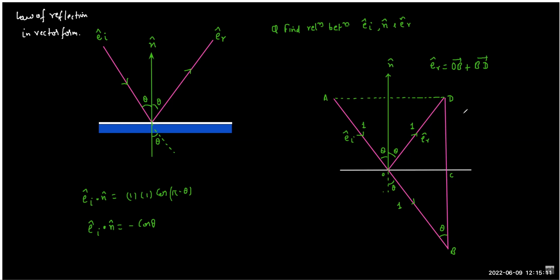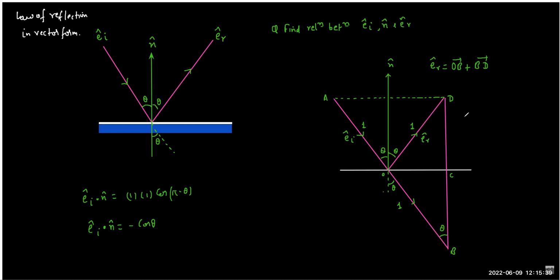Sir, how is OB equal to 1? It's a unit vector, na? So what is the length of a unit vector? 1. So AO is the incident ray, and I'm taking a unit vector to represent it. So EI is the 1 unit length of the incident ray, and ER is the 1 unit length of the reflected ray.